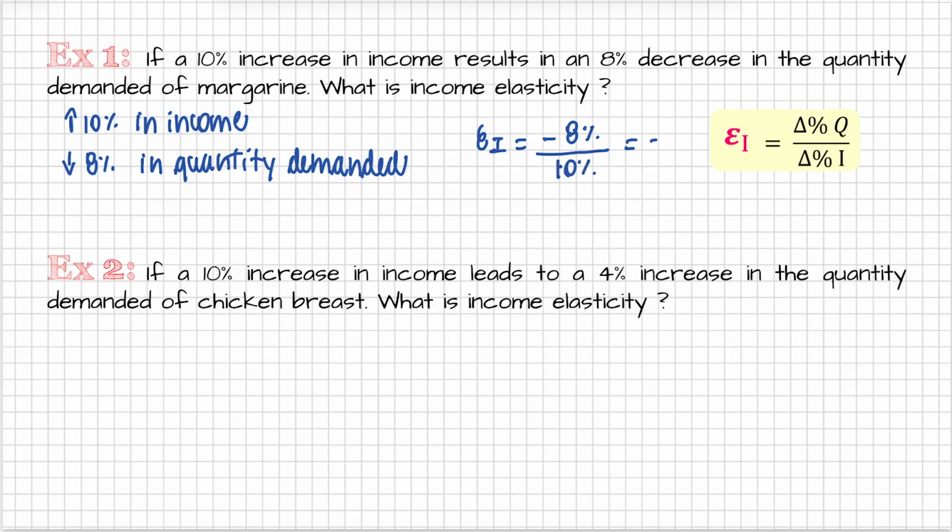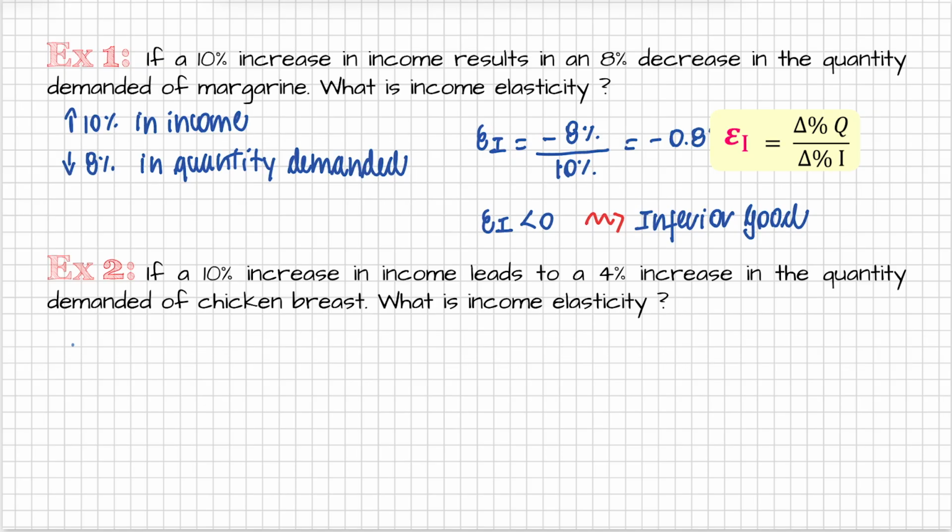That gives us negative 0.8. Income elasticity less than 0, so margarine is an inferior good, which we could actually have guessed. If income goes up, it is natural to think that quantity demanded of margarine would go down.